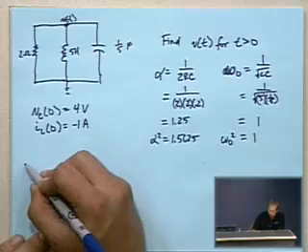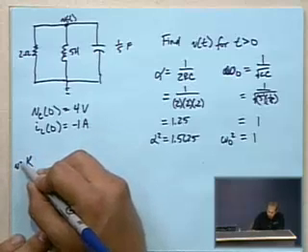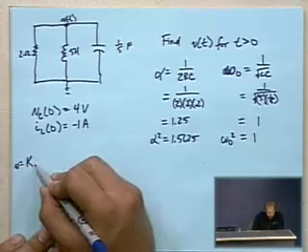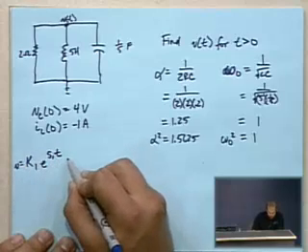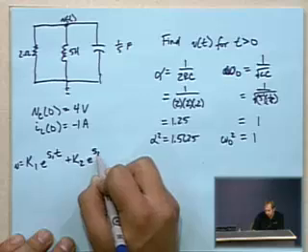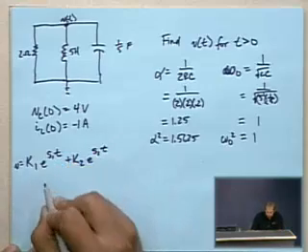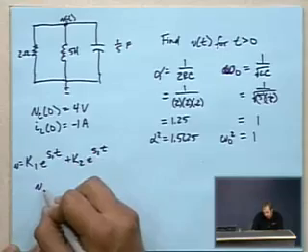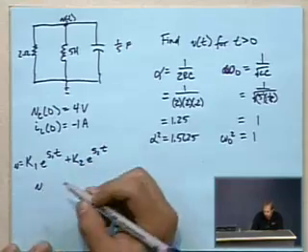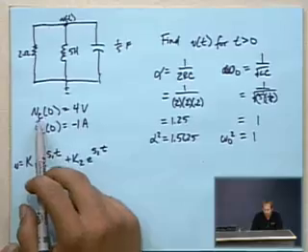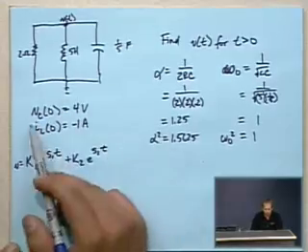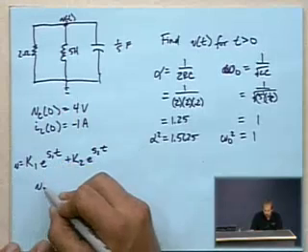So we know that it will take the form that the voltage will equal K1 e to the S1t plus K2 e to the S2t. Our initial conditions that we have to solve for K1 and K2, we know that the original voltage across all of the elements, because they're in parallel, the fact that it's across the capacitor is pretty straightforward.